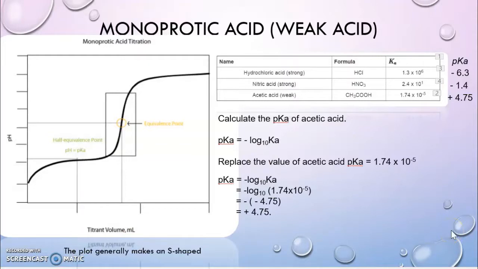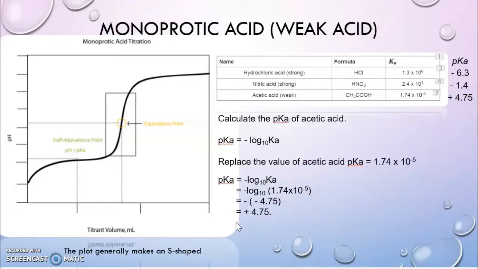Using the Henderson-Hasselbalch equation, replace the value of Ka with the exact value and solve the mathematical problem, and you will arrive at the answer of positive 4.75.